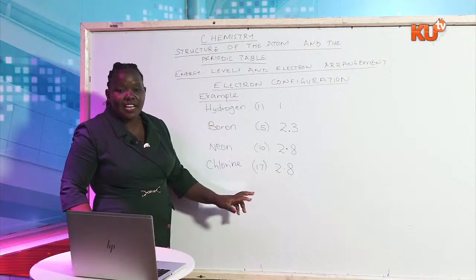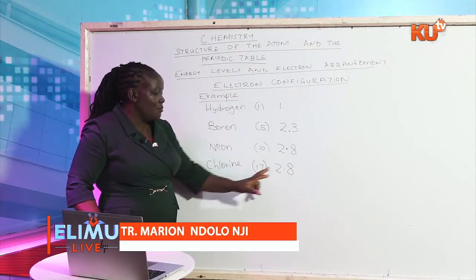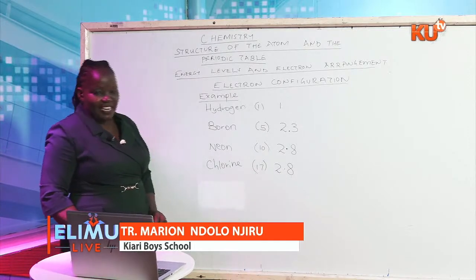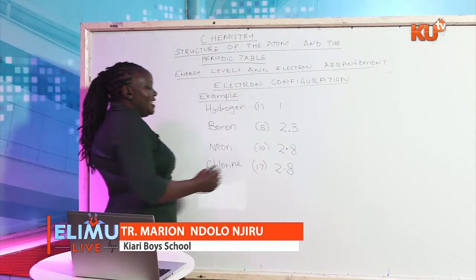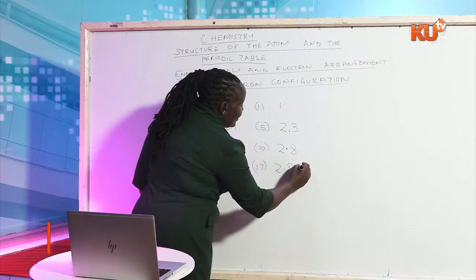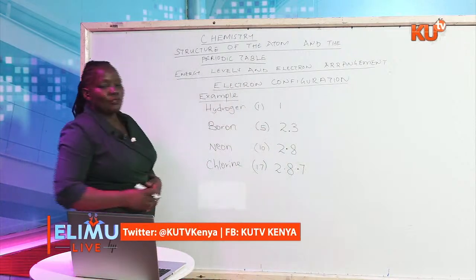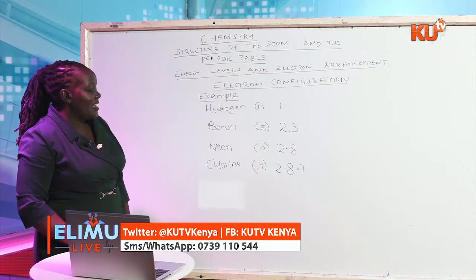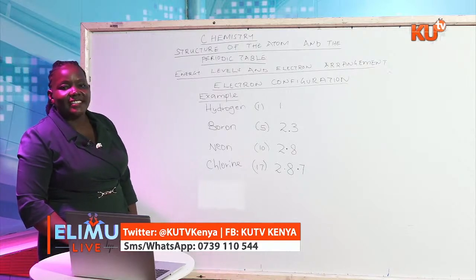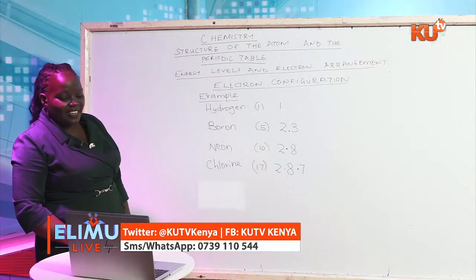So how many electrons are remaining? 17 minus 10, which is 7. So the next 7 electrons will move to the third energy level. Like that, the electron arrangement of chlorine is 2, 8, 7.